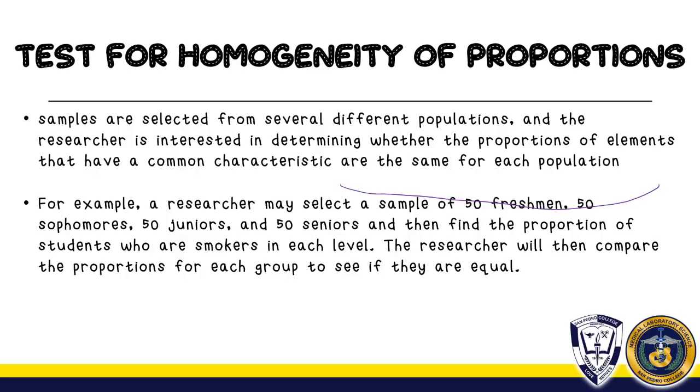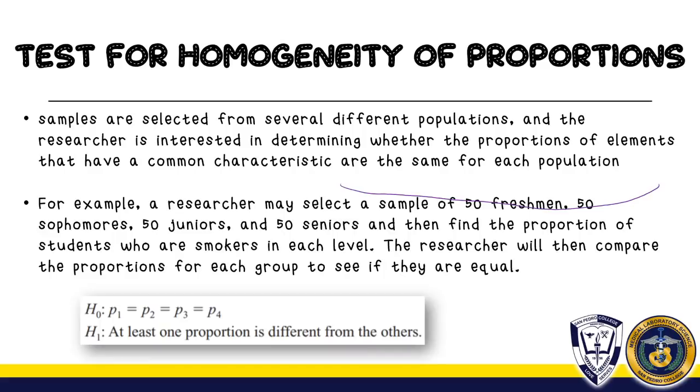The researcher will then compare the proportions for each group to see if they are equal. From that statement, you can understand that you're just trying to look at whether it is the same or not across the different groups.